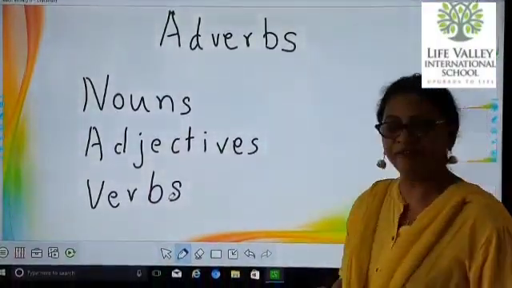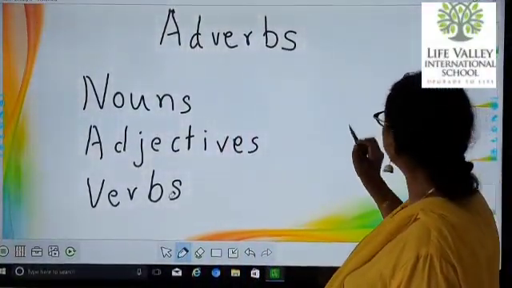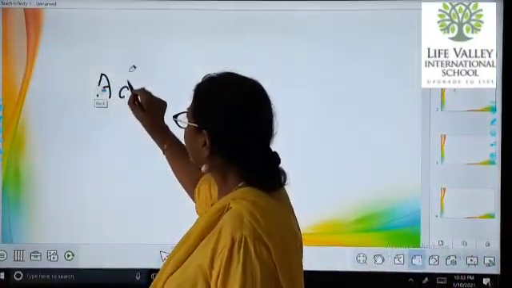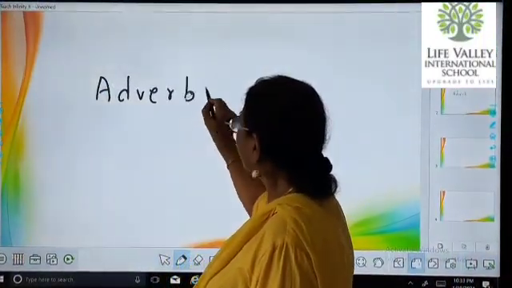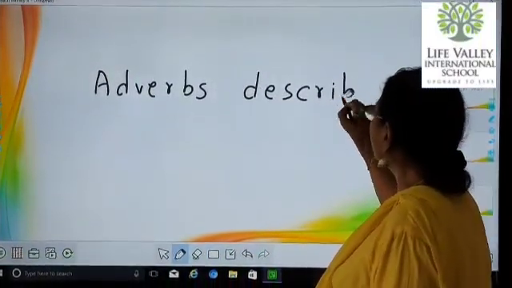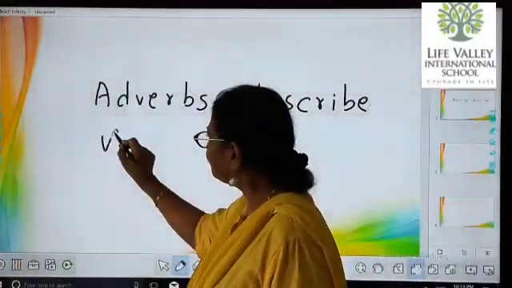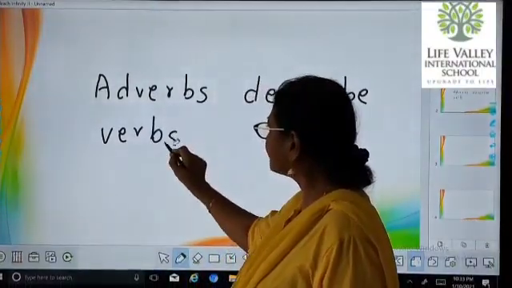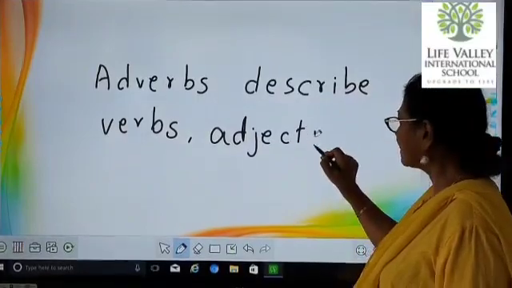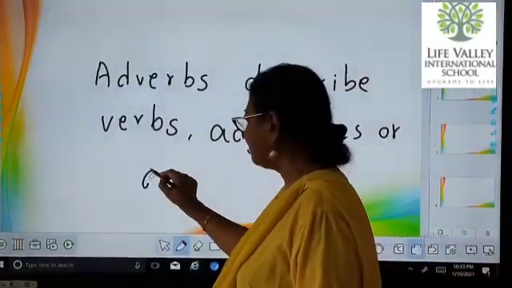So what about adverbs? Adverbs describe or modify, or you can say give more information about, verbs, adjectives, or another adverb.